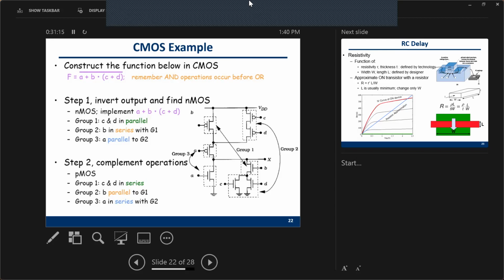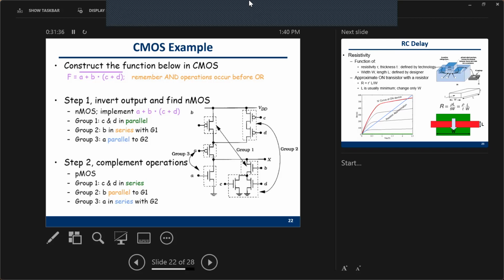To implement this pull down network, we invert the output here and then do the implementation. For example, after the inversion, this F will become F bar, and then the equation will become this.